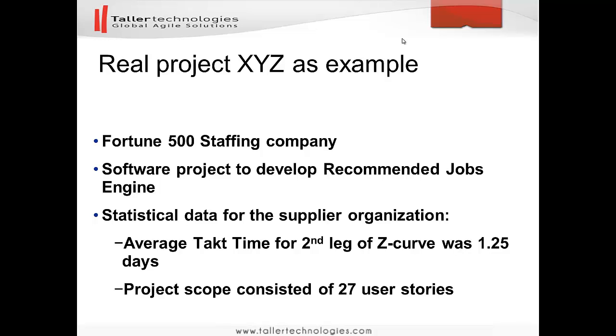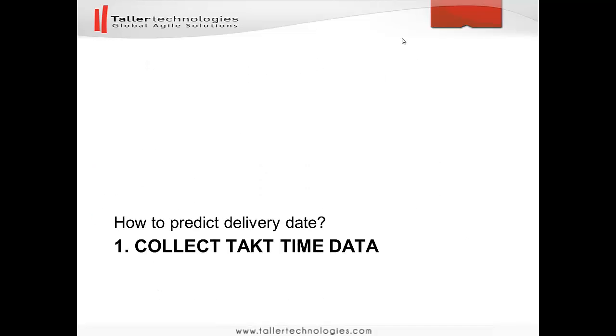Of course, we know more, as we will see shortly, but this is something like general statistical data. So the first step from our algorithm is to collect takt time data.